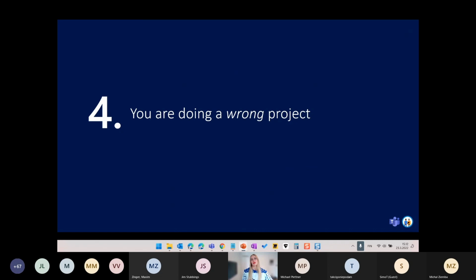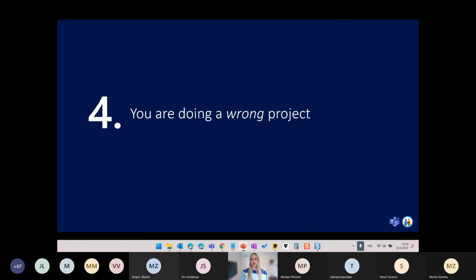So fail number 4, or misstep number 4: you are doing the wrong project. This is very closely related to the first misstep, which is that you are not doing any user adoption at all. It's also about customers asking for the wrong things.